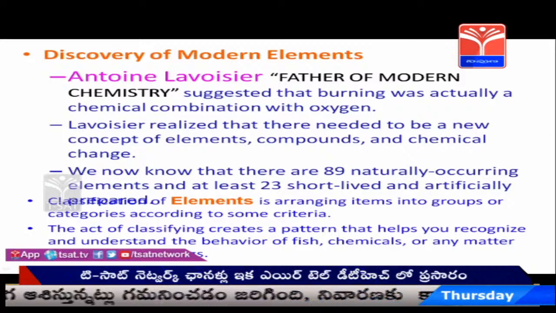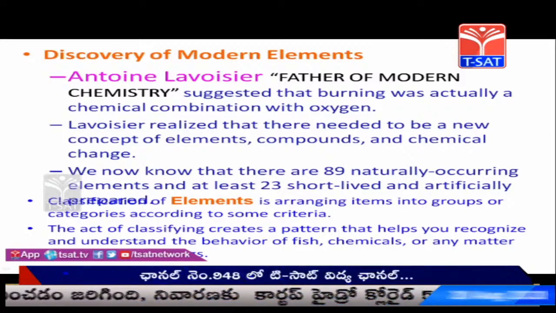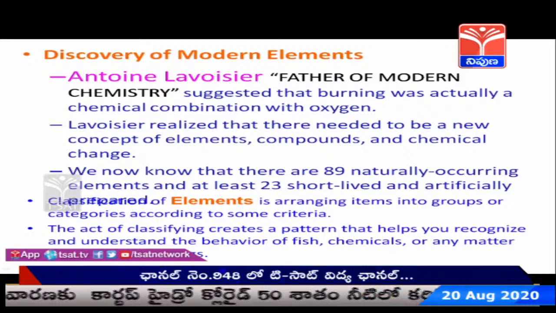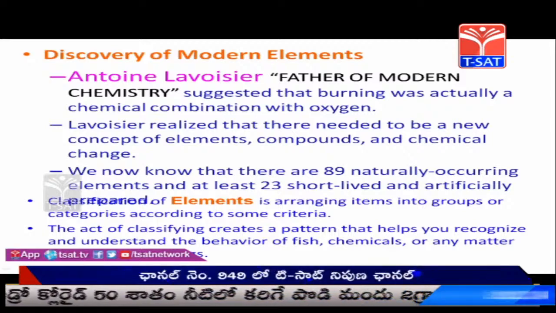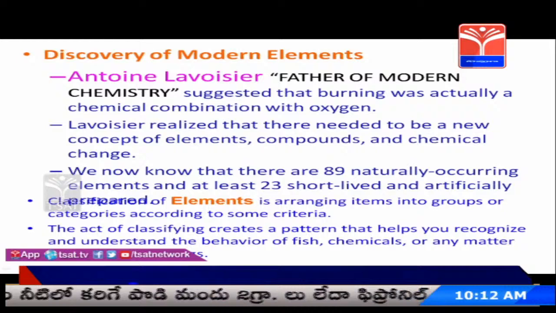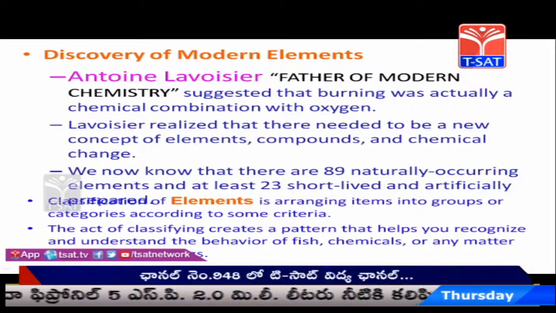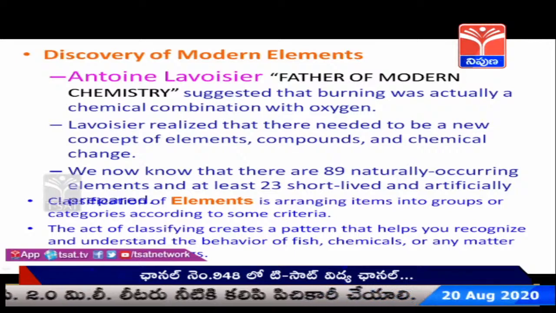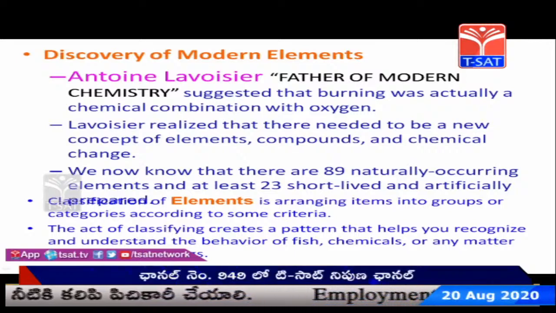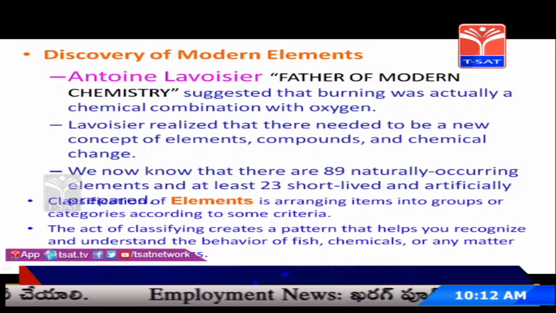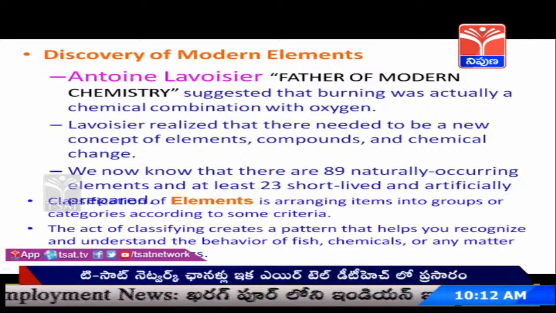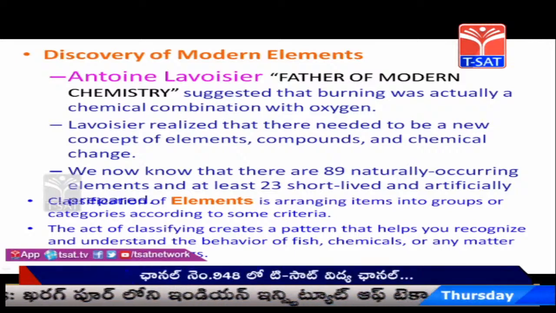Antoine Lavoisier is treated as the father of modern chemistry because he invented and showed a path to all the scientists to find several elements from our nature, from our surroundings.